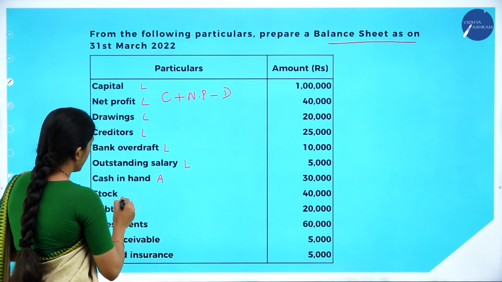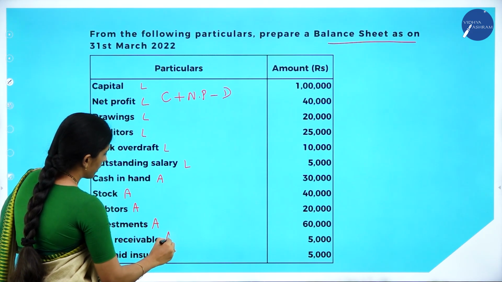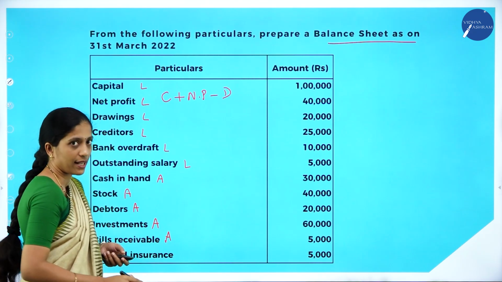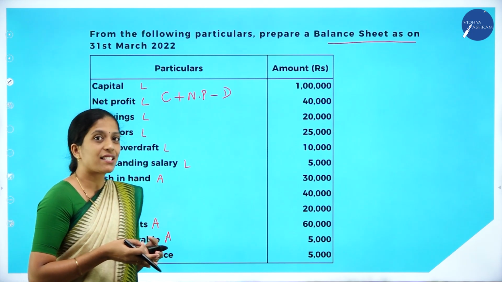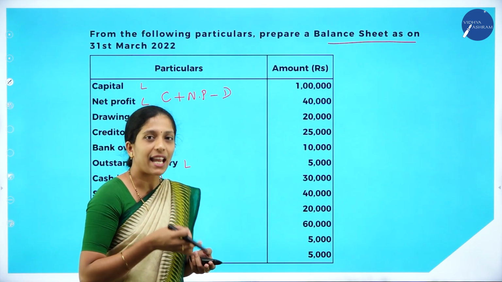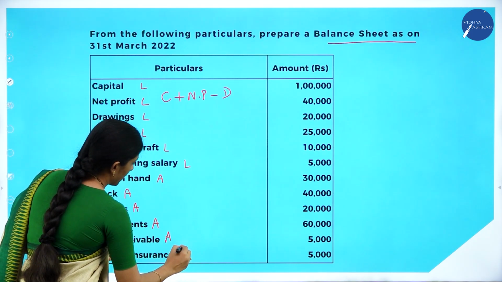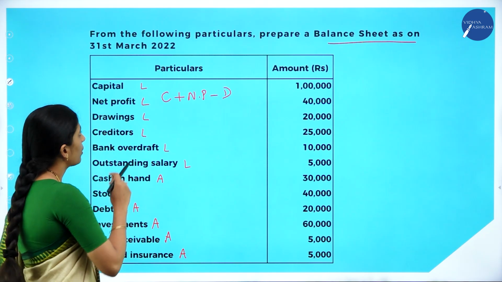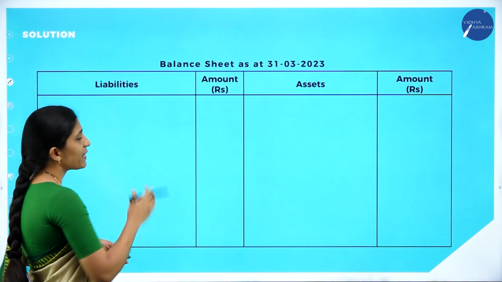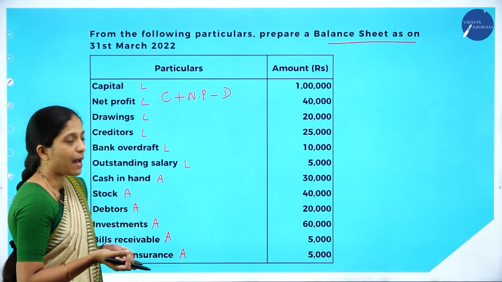Cash in hand, asset. Stock, asset. Debtors, asset. Investment, asset. Bills receivable, asset. Prepaid insurance. Outstanding expenses is a liability, outstanding income is an asset, prepaid expenses is an asset, prepaid income is a liability. This time we shall record all the liabilities first.